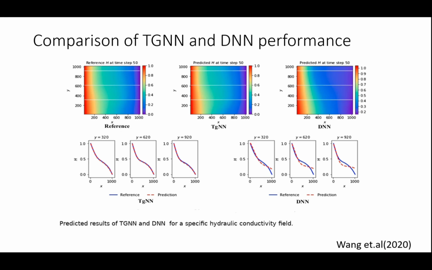From these curves you can see that the deviation of the predicted result from the reference is almost negligible in case of a theory-guided neural network, but in case of the deep neural network, the predicted result is deviated a lot from the reference curves.